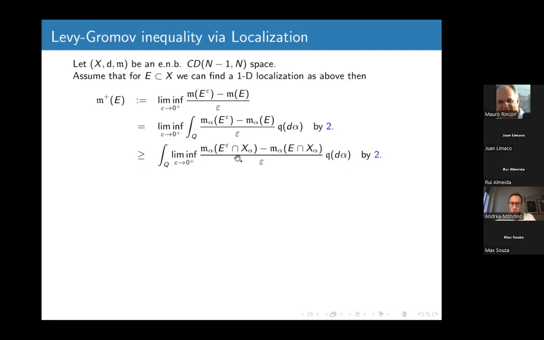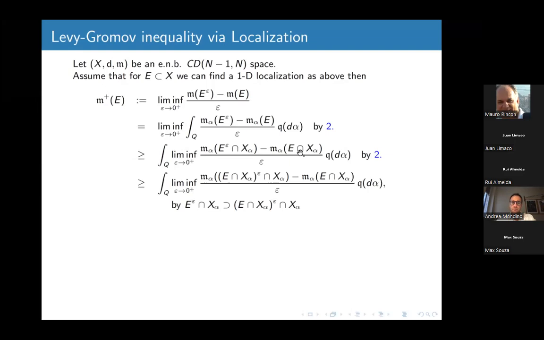Okay, and then I know that each of the measures M alpha are concentrated on the geodesic X alpha. So I don't lose and don't gain anything if I intersect with X alpha here. All right. Now I observe that if I first intersect with X alpha and then I enlarge and I intersect again with X alpha, well, this set is contained in the set that is obtained by first enlarging by epsilon and then intersecting with X alpha.